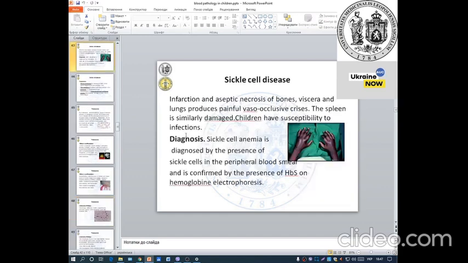Infarction and aseptic necrosis of bones, viscera, and lungs produce painful vaso-occlusive crisis. The spleen is similarly damaged and children have susceptibility to infections. Sickle cell anemia is diagnosed by the presence of sickle cells in the peripheral blood smear and sickle hemoglobin on hemoglobin electrophoresis.